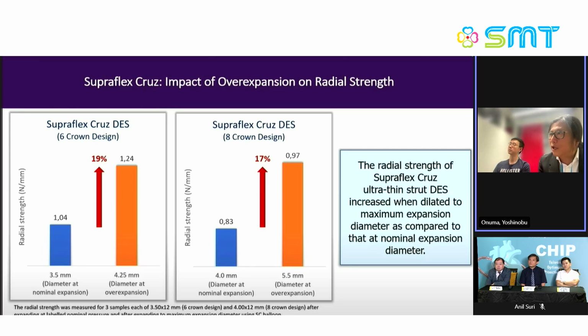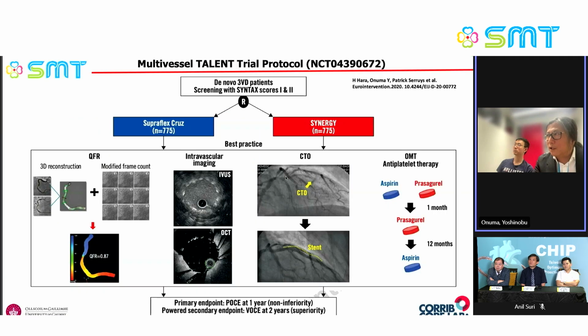But apparently there is some increase of radial strength if you overexpand these Supraflex stents, because the crown is usually a kind of W shape and can recoil a little bit, but if you overexpand, this zigzag part will become completely a circle, and that probably provides more support in the overexpanded part of the stent, which we also observed in other devices.